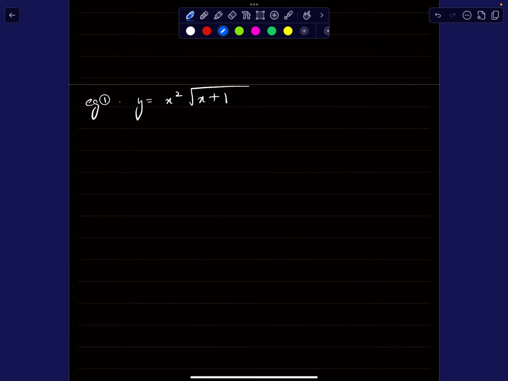Let's take our first example. In this case, I'll assume x square as u and this thing as v. So my u is x square. My u prime, that is the differential of u, would be 2x.